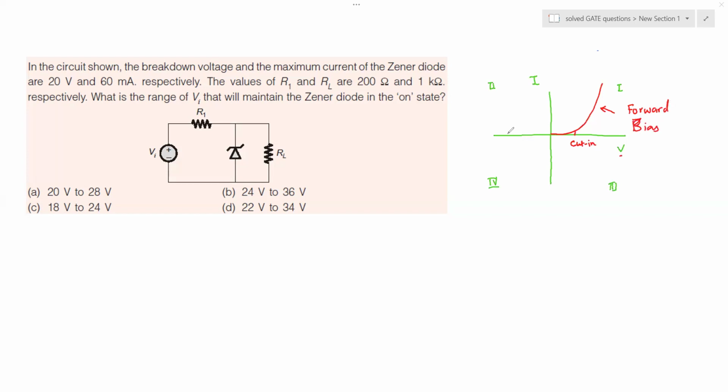Okay. However, in the reverse bias mode, when the Zener diode is reverse biased, so for example, this is the PN junction of the Zener diode, and we apply a negative polarity to the P terminal and a positive polarity to the N terminal, the diode becomes reverse biased. In that situation, initially, when you apply this voltage in the reverse direction, that is a negative polarity, your current slowly increases.